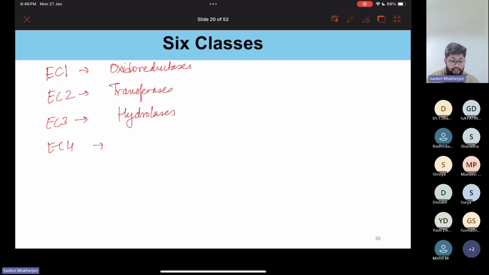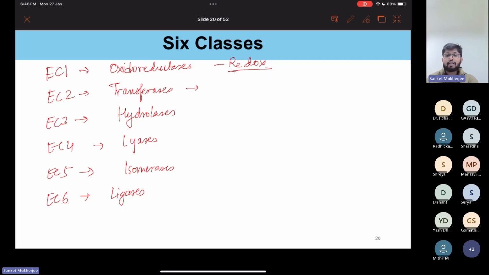EC4 are lyases. EC5 are isomerases. EC6 are ligases. So oxidoreductases, as I already told you, cause redox reactions.